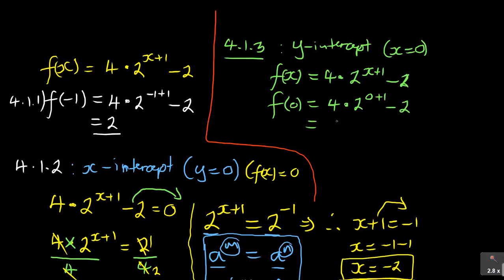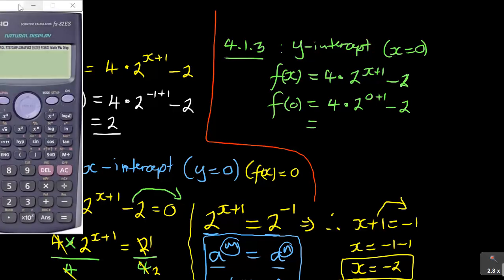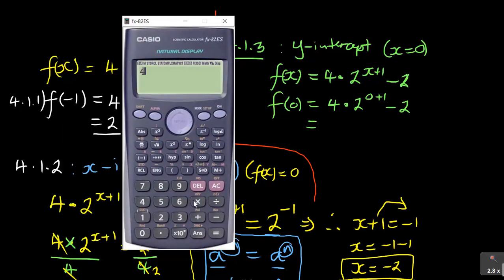Well, you can try to solve it yourself, but I prefer to use the calculator. Remember, you're in an exam, and in an exam you don't want to use your mental energy a lot. Anything that the calculator can do for you, I'll encourage you to just use the calculator in that case. So the answer is 6.